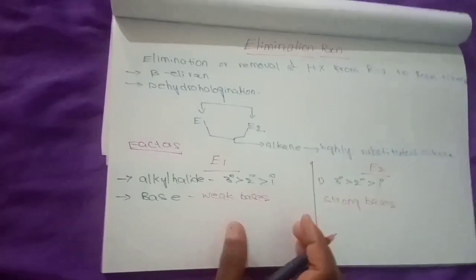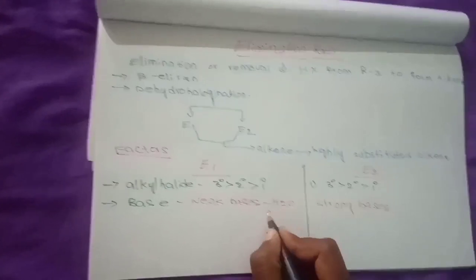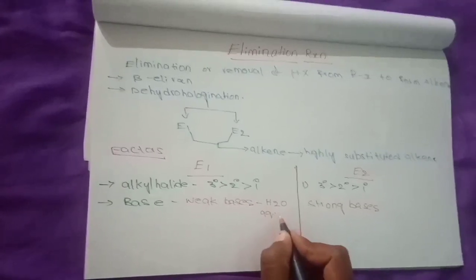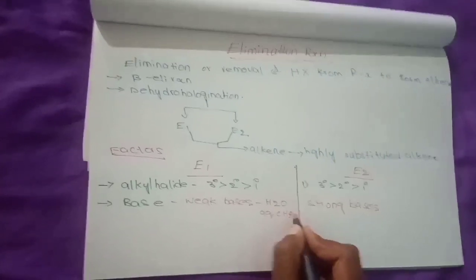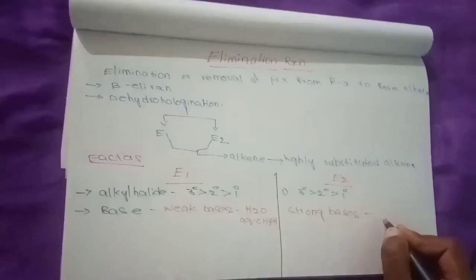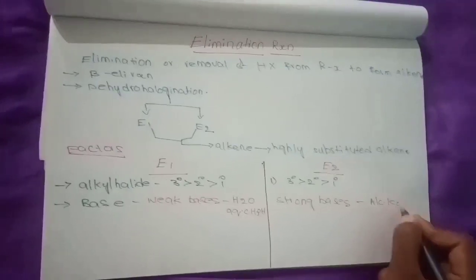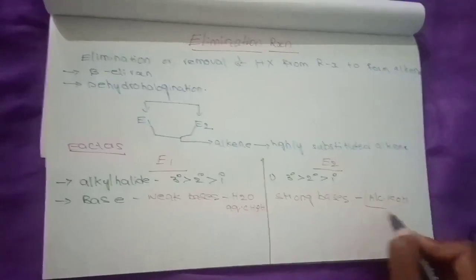What are the weak bases? Weak bases are nothing but water, aqueous alcohols, methyl alcohol, etc. What are strong bases? Alcoholic KOH is the most popular example of a strong base.